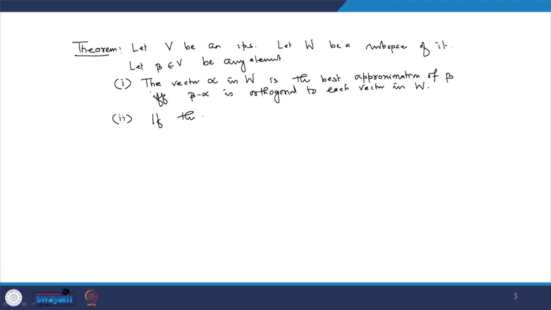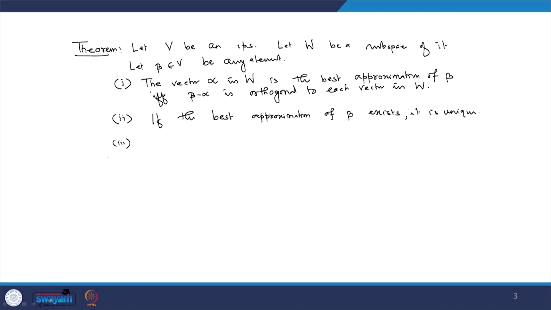Second, if the best approximation of beta exists, then it is unique.